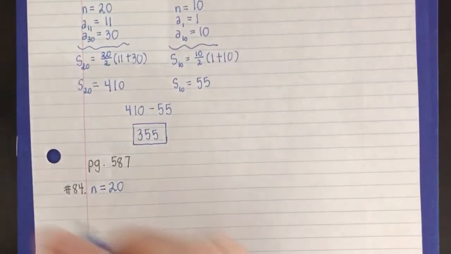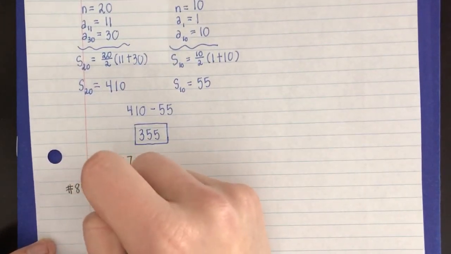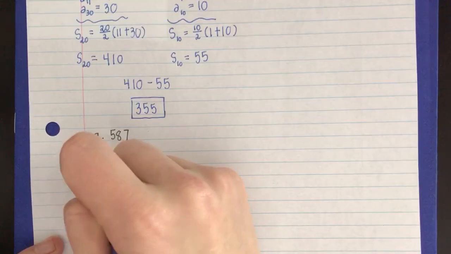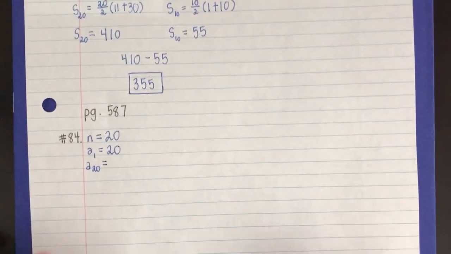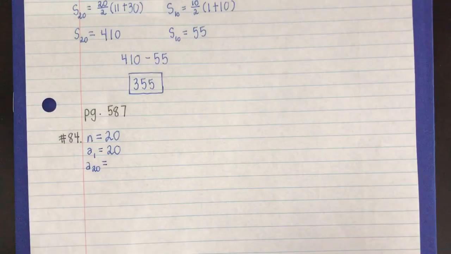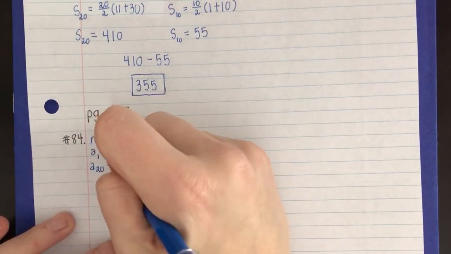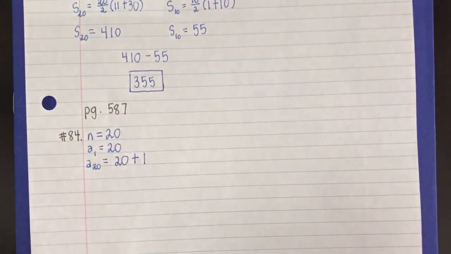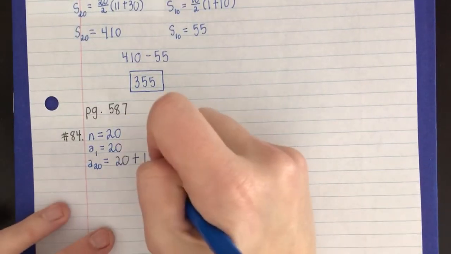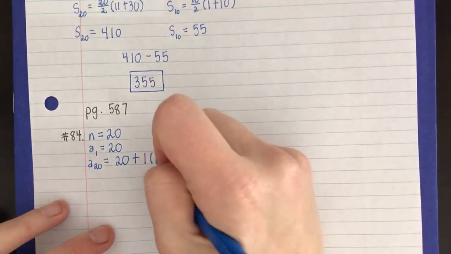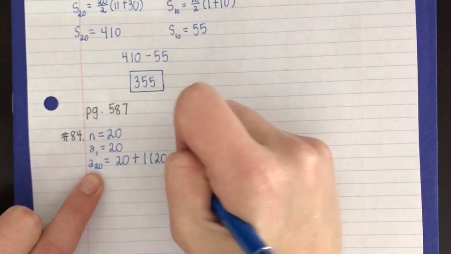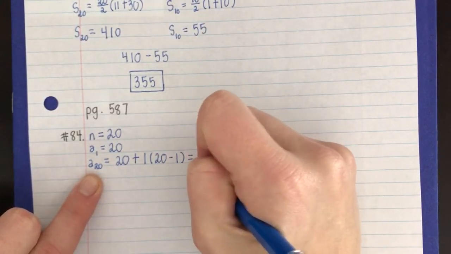All right, and then a sub 1 is also 20 because it says there are 20 seats in that first row. And then a sub 20, we need to figure it out using our jump formula, would equal 20, that's our starting value, plus the difference is 1. Each time we increase by 1 seat for the next row. And then we plug in 20 here because n is equal to 20, minus 1, and this equals 39.